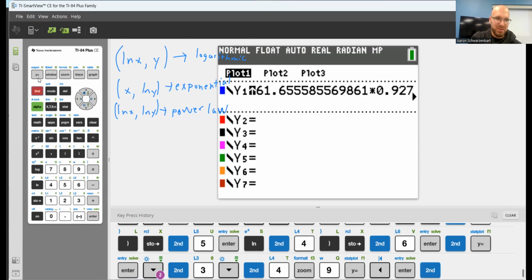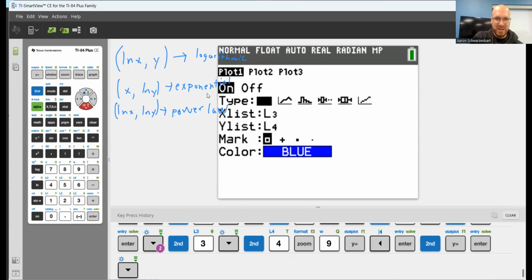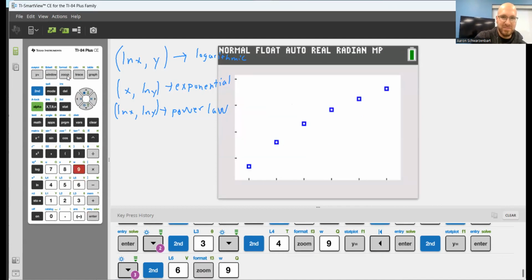And then I'm going to go to stat plot. So I'm going to try exponential. So we're going to do x versus ln, which means I had ln of y in L6. So let's take a look at what that does. That now looks kind of logarithmic. So it's kind of curving a little bit this way is what it looks like.